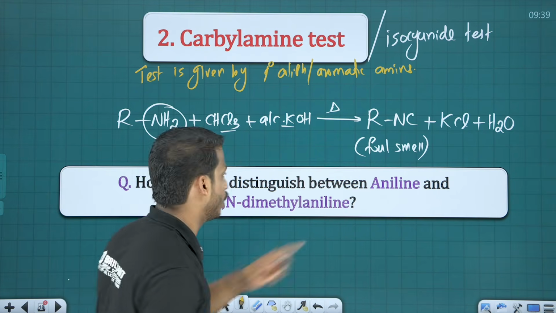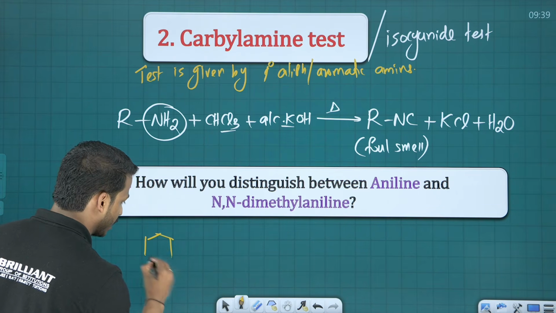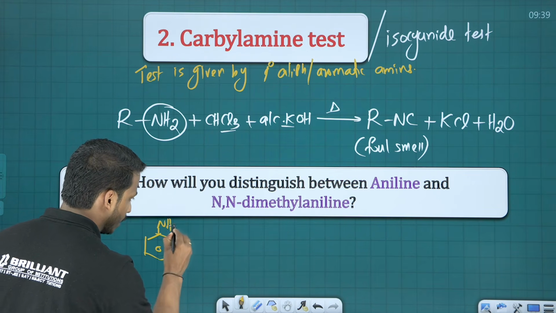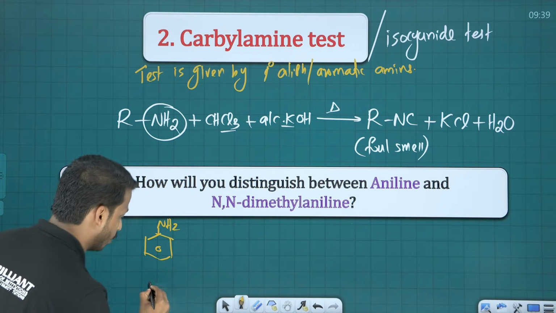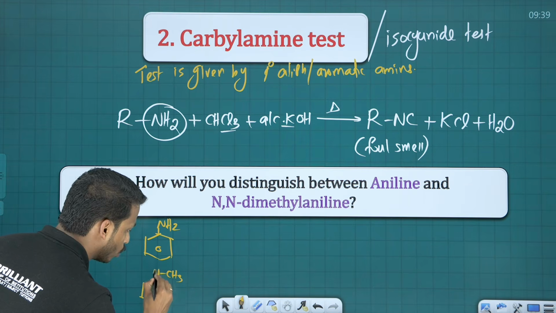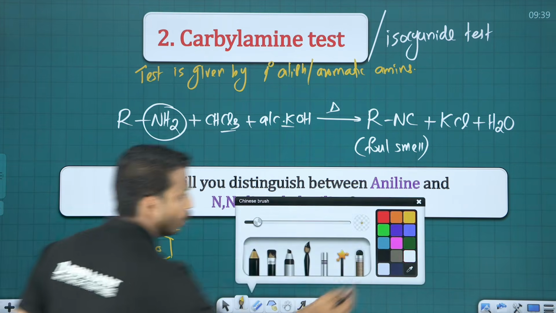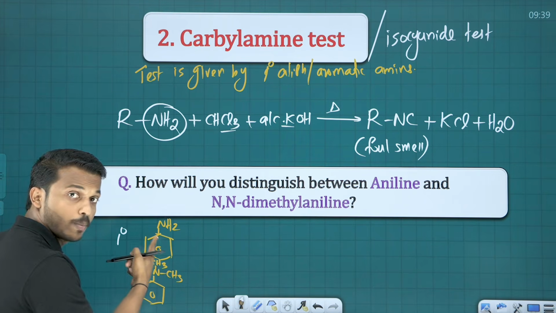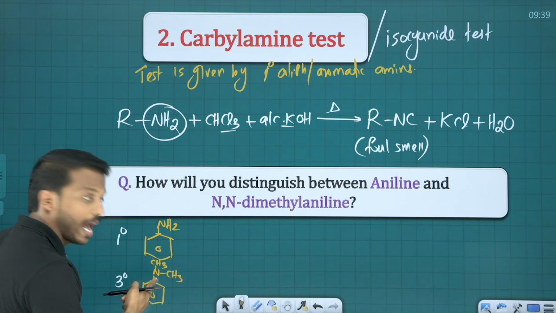Example, how will you distinguish between aniline and N,N-dimethyl aniline? Aniline is benzene with NH2. What is N,N-dimethyl aniline? On nitrogen there are 2 methyl groups, right? Aniline is a primary aromatic amine. This is a tertiary aromatic amine.